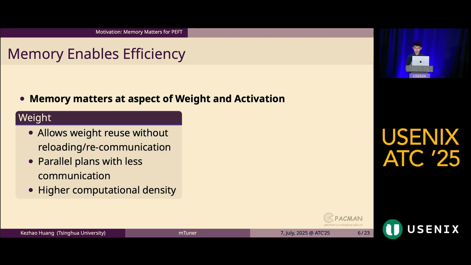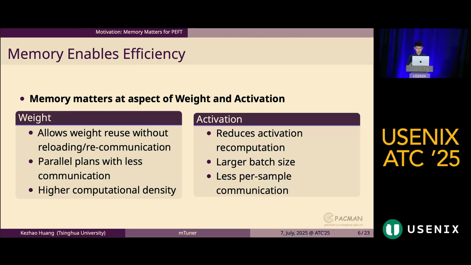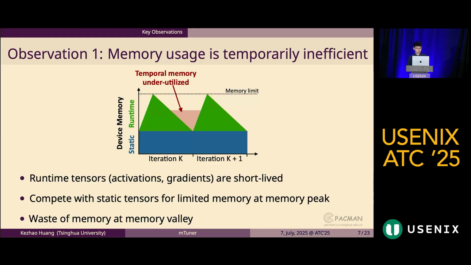This enables better parallelization strategies. On the activation side, more memory means that we can store intermediate activations, avoiding expensive recomputation during backward processes. It also allows for larger batch size, which improves throughput and reduces communication overhead per sample. In short, memory is the enabler of fast and efficient PEFT.